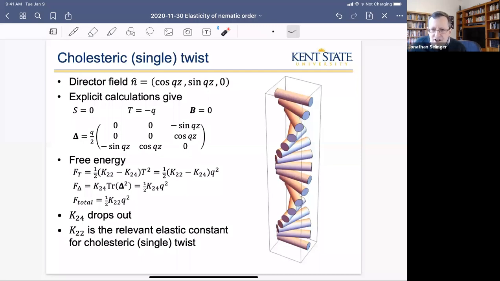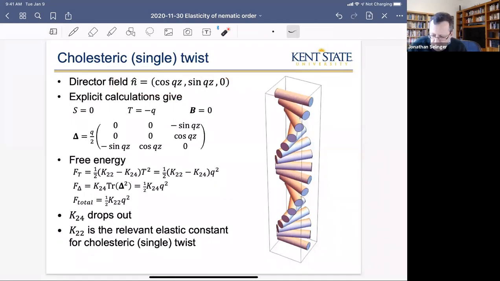It's independent of x and y. So the director is just changing like a screw going up as a function of z. And it's constant with respect to x and constant with respect to y. This might be called single twist. It might be described by an equation like this one.